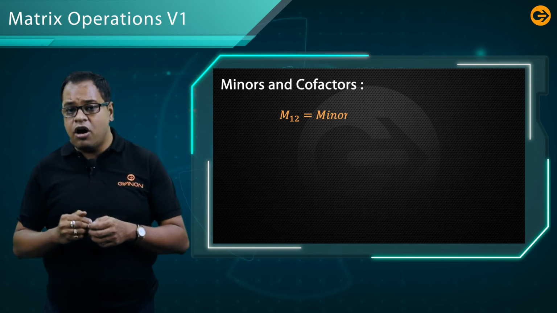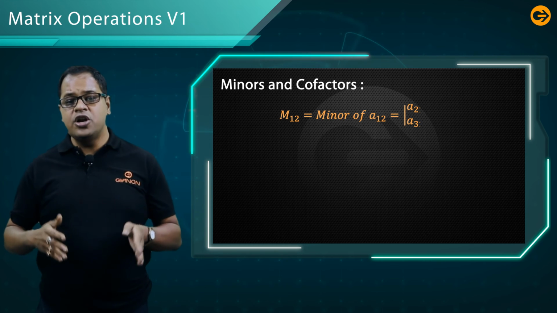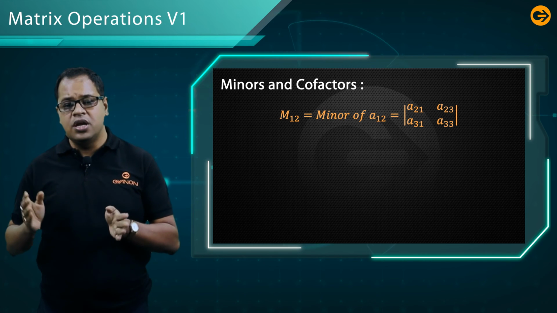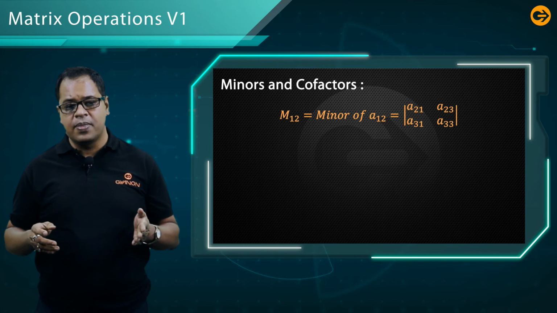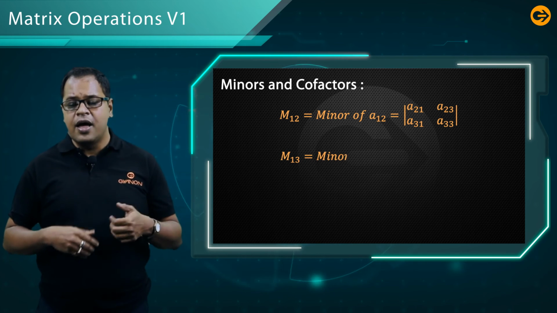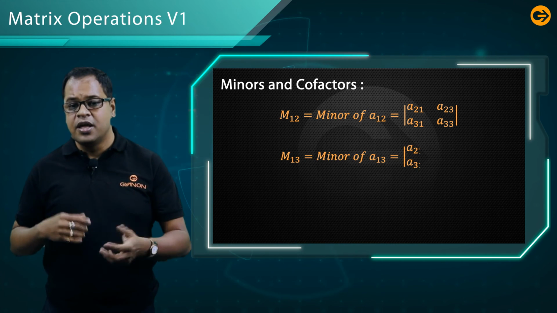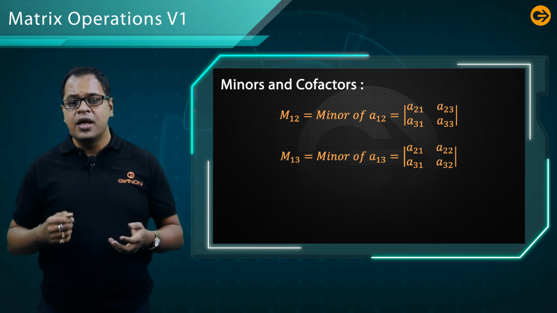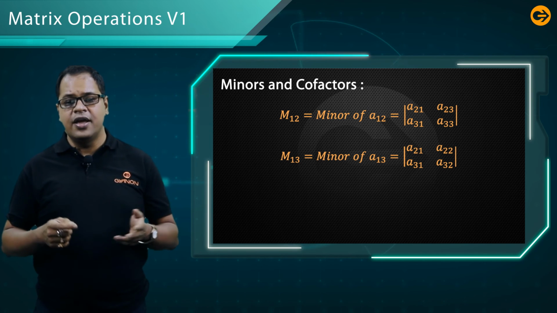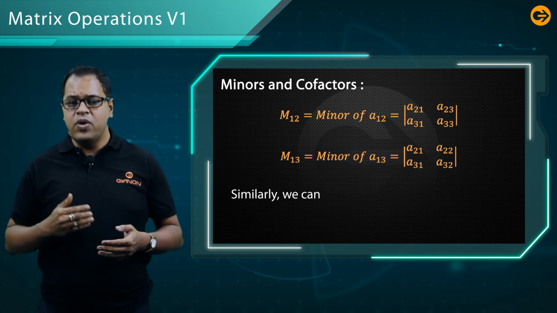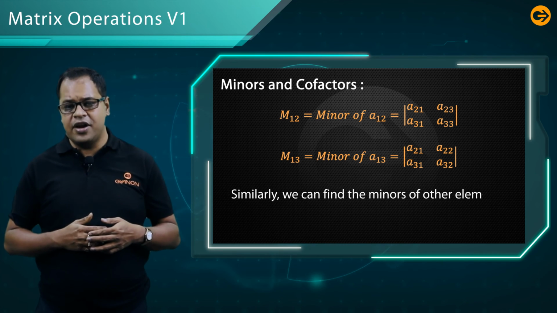M12, the minor of a12, is equal to the determinant of a21, a23, a31, a33. And M13, the minor of a13, is equal to the determinant of a21, a22, a31, a32. Similarly, we can find the minors of other elements.